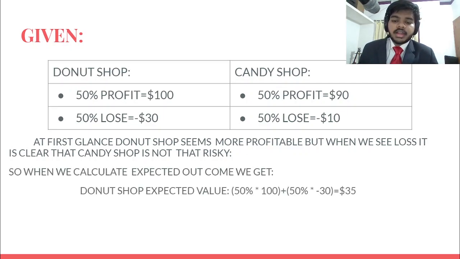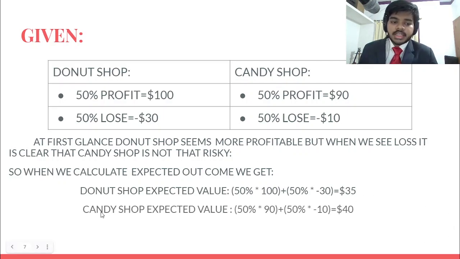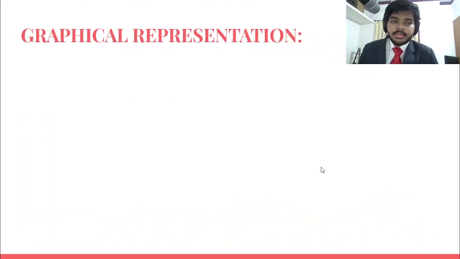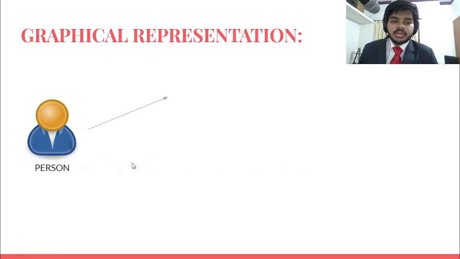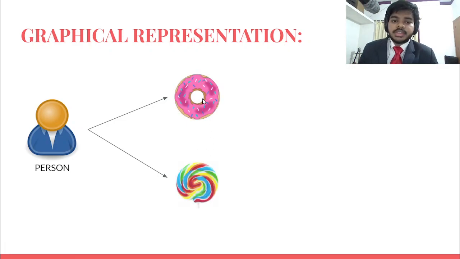Upon calculation, the expected value of the donut shop is $35 and the expected value of the candy shop is $40. Upon graphically representing this problem, John has two options: a donut shop and a candy shop.